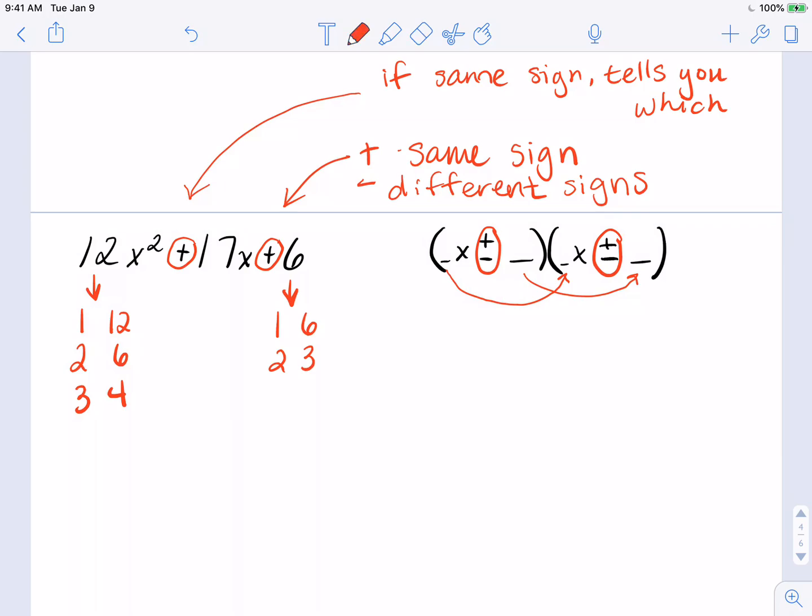So moving back to factoring 12x squared plus 17x plus 6, we can start testing some options.